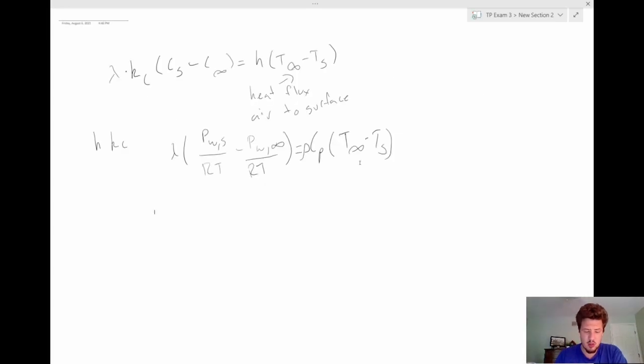So for the temperature with the partial pressure and the temperature from the surroundings and the temperature at the surface, we know that there won't be too much of a fluctuation within those temperatures.